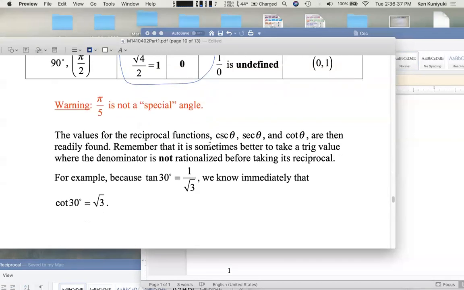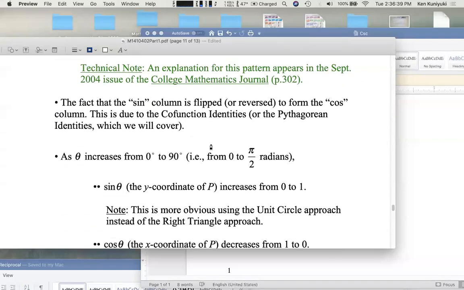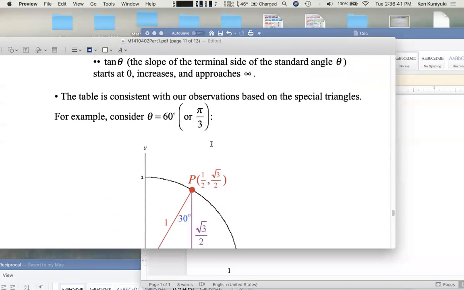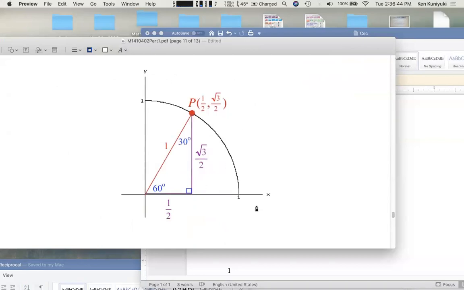All right. And by the way, when I talk about this unit circle here, this is what I'm talking about. I'm talking about these intersection points.